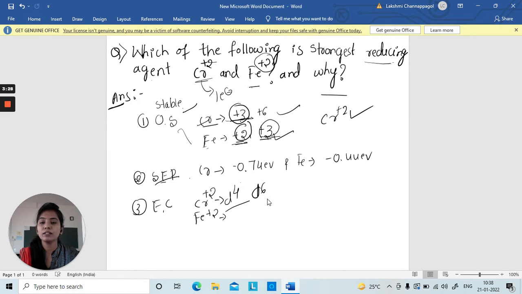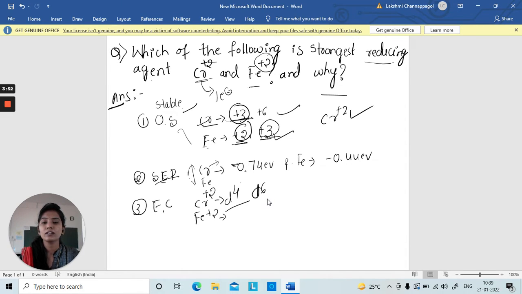Then coming to the standard electrode potential. As I have written, you can see here Fe is below chromium. This is nothing but the electrochemical series. In the electrochemical series of metals, the metals having the lowest electrode potential can easily undergo oxidation.